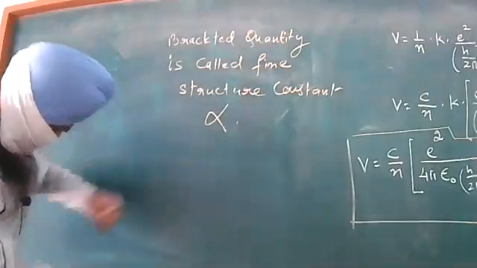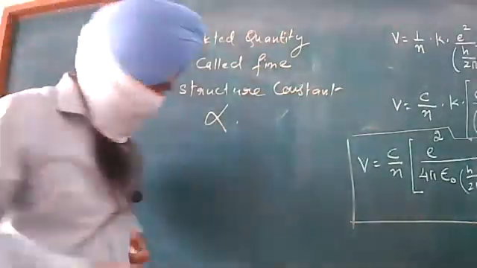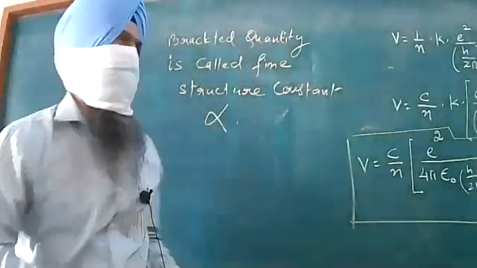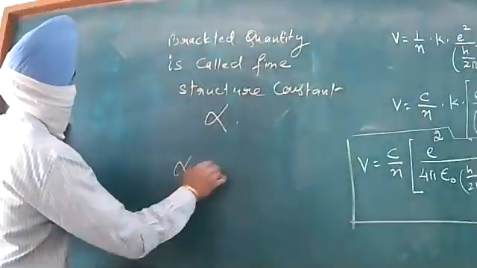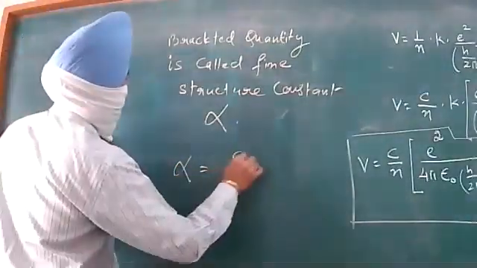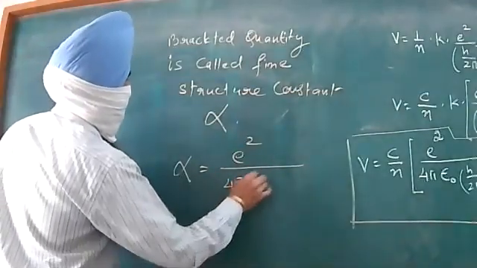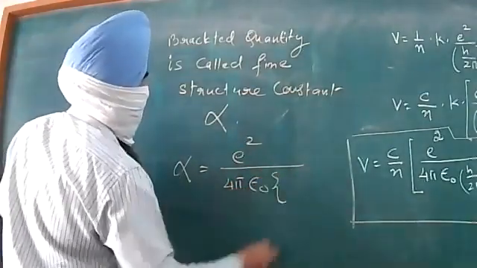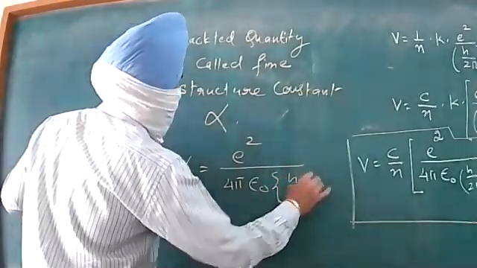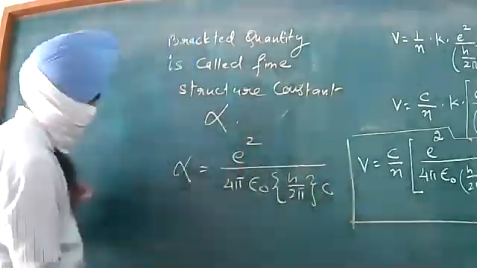Let me write this alpha separately. This is alpha: e square upon 4 pi epsilon naught, and h upon 2 pi into c.